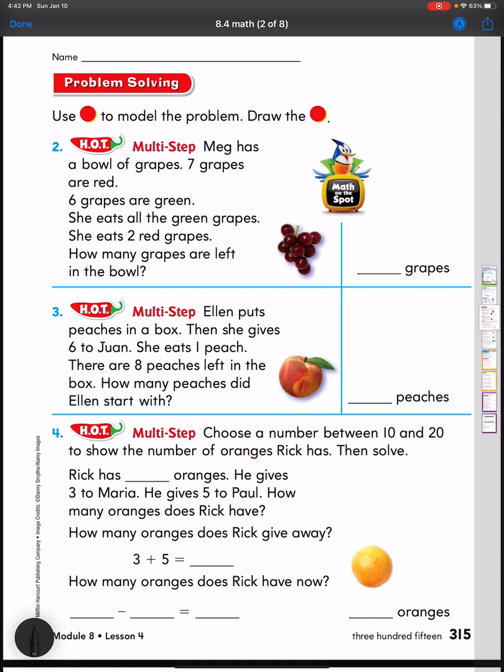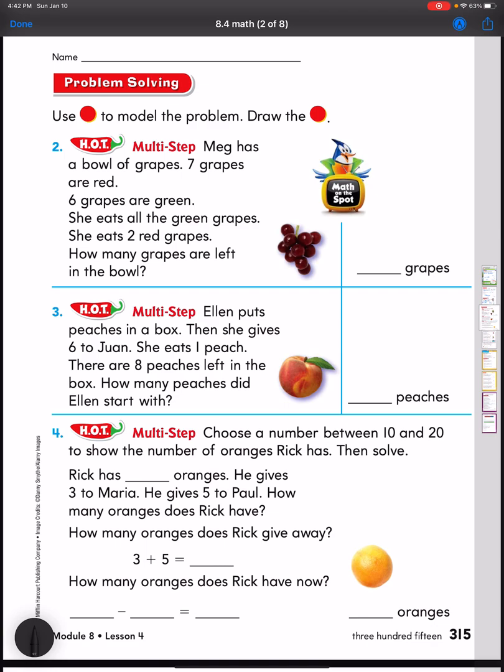If you have not done it, I want you to pause this video and click the Math on the Spot link. Meg has a bowl of grapes. 7 grapes are red, 6 grapes are green. She eats all the green grapes, and she eats 2 red grapes. How many grapes are left in the bowl? All right, so this one is multiple steps.